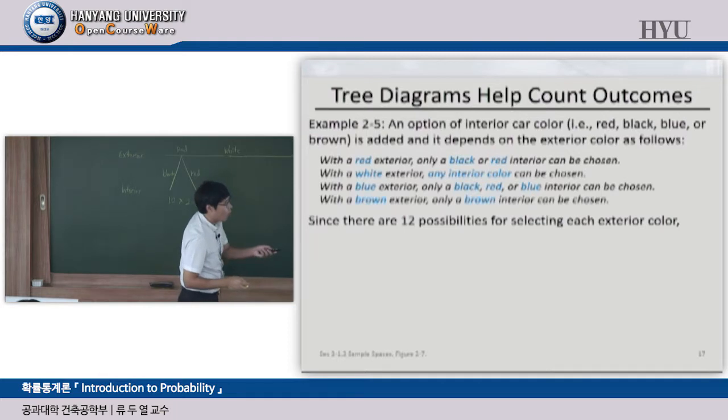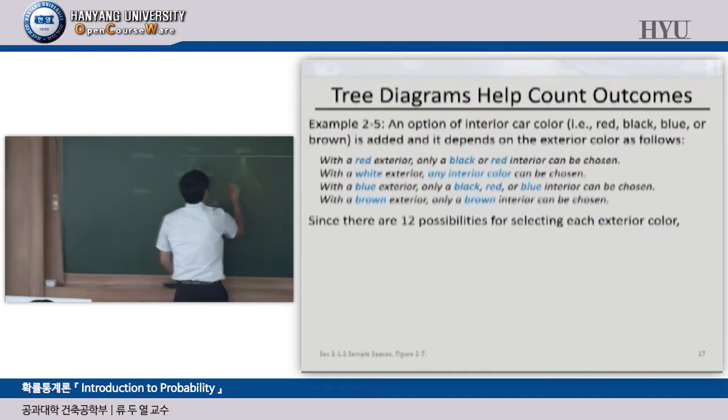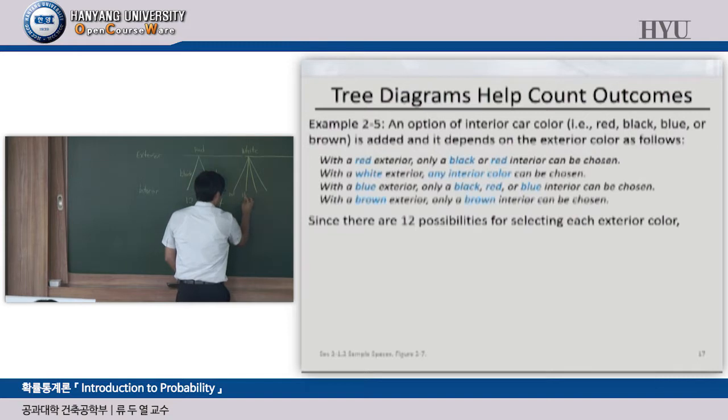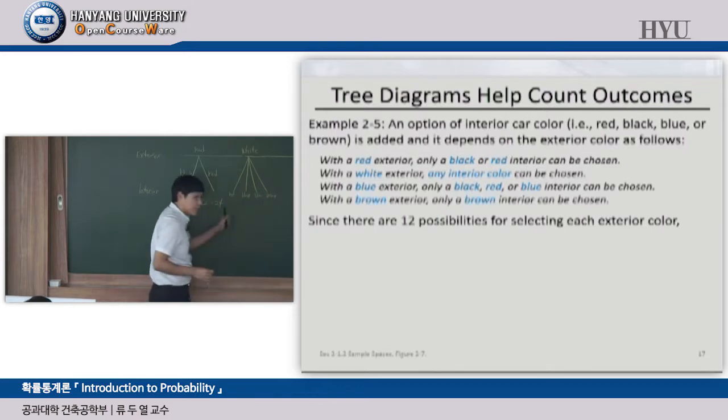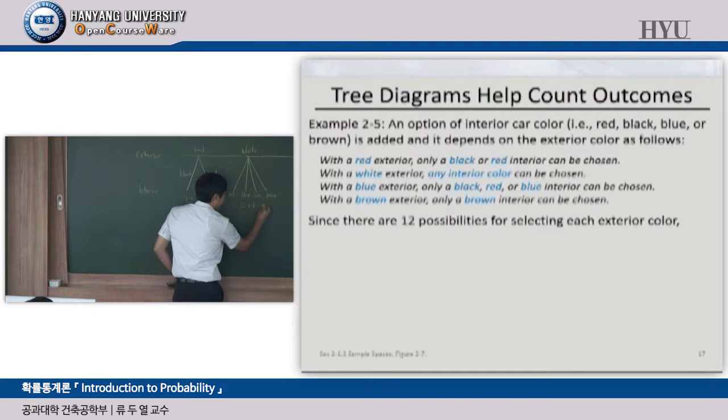We have 4 options for selecting the interior color, such as red, black, blue, brown. In that case, the number of total outcomes will be 12 multiplied by 4. Okay? And this will be 48.